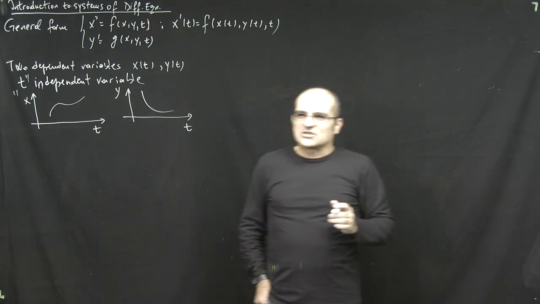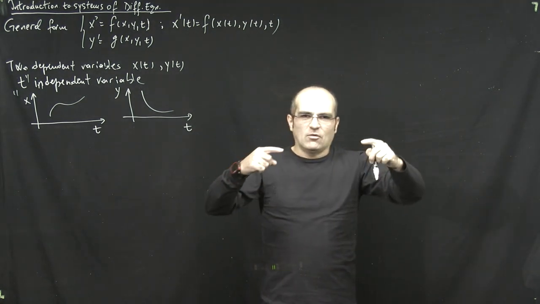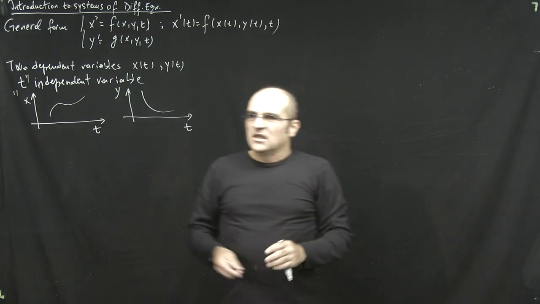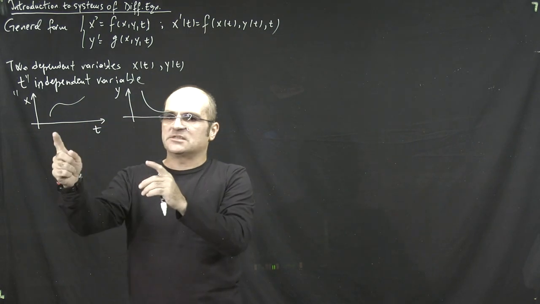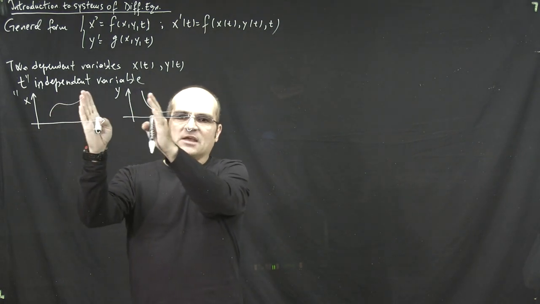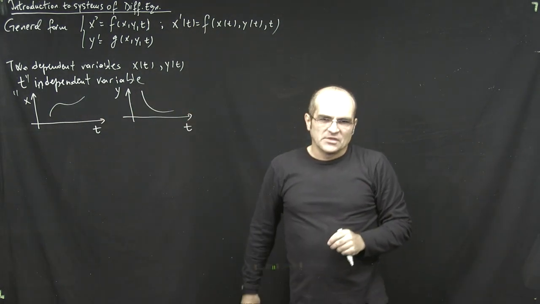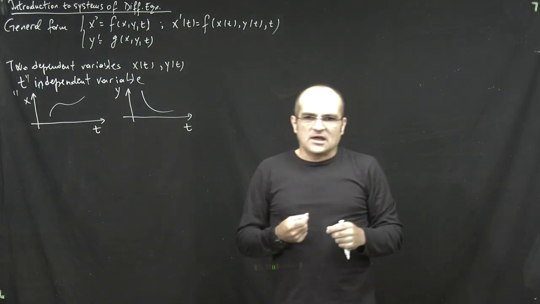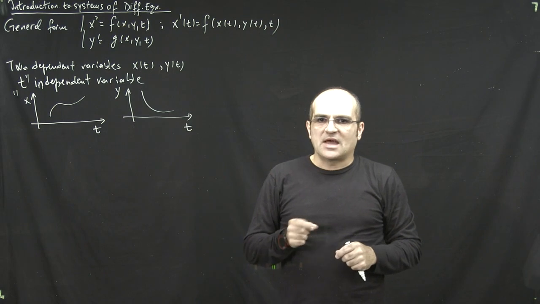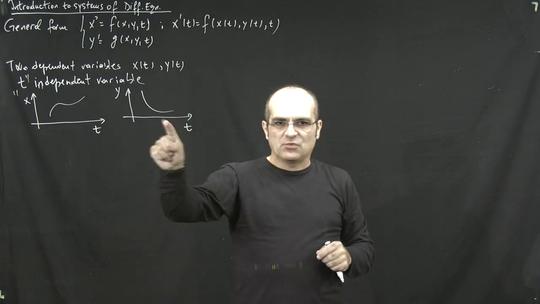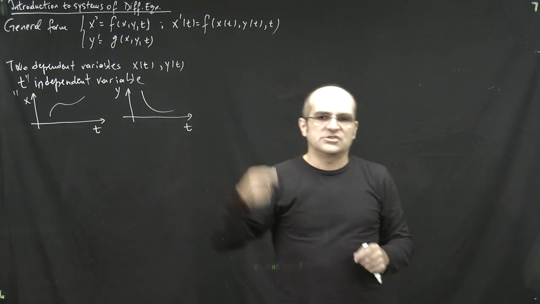But it may be not that revealing in terms of the overall dynamics of the system if you have to track at the same time two graphs, right? Because as t moves, at the same time x and y change their values. And you may want to have an overall idea on how the values of x and y change in time. So maybe not the actual value of time when that happens, but the overall change in x and y.